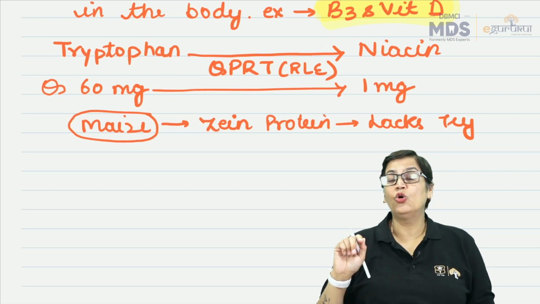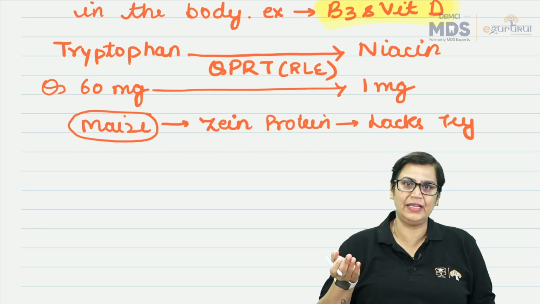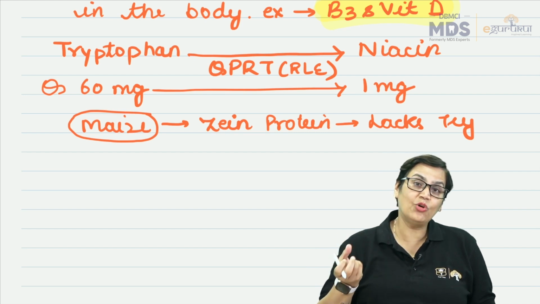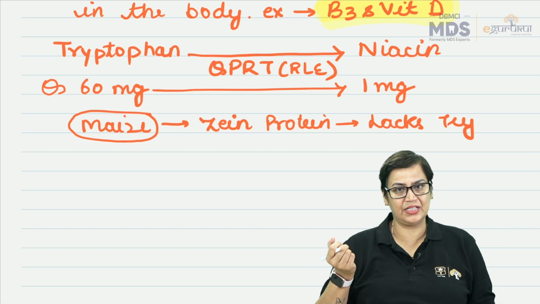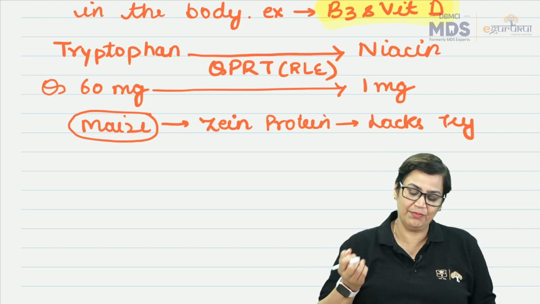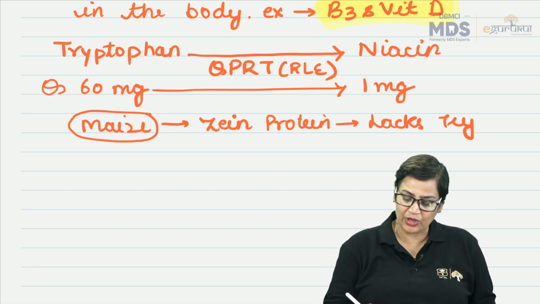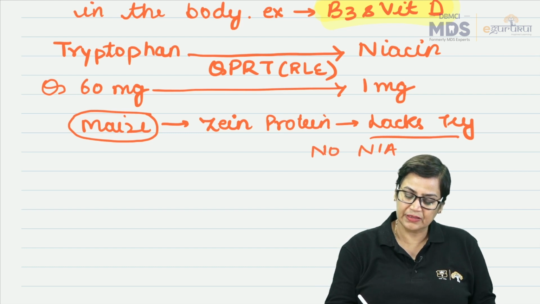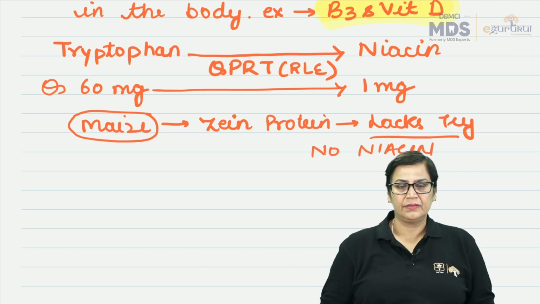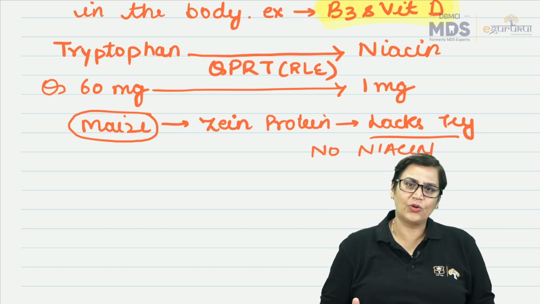So people whose staple diet is maize, who eat more of maize, will be more prone to niacin deficiency. Why? Because they are not generating tryptophan. Maize has the zein protein which lacks tryptophan. So if tryptophan is lacking, no niacin will be produced. Clear?